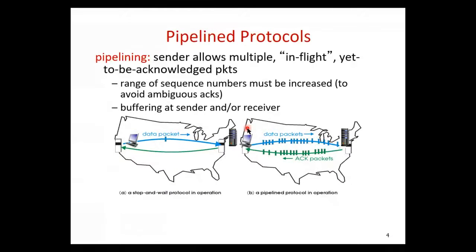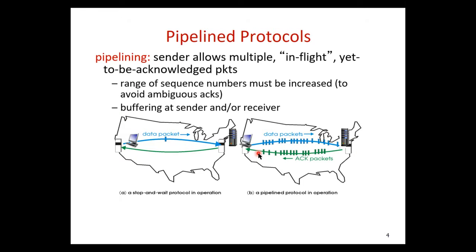Here we have an example of a case where pipeline protocols are useful. We have a large round trip time because it is a long distance between the West Coast and the East Coast. If you just use stop and wait, like RDT 3.0, you send only one packet and have to wait for the whole round trip, the packet and then the ACK, before you send the next packet.